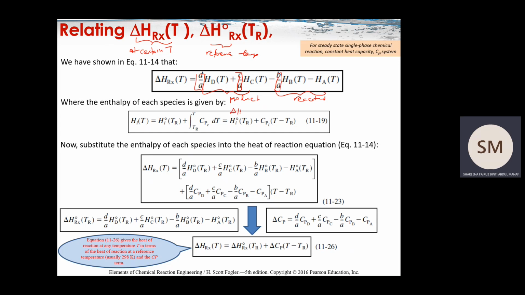So this is delta H Rx(Tr), and this one is delta H Rx(T). So delta H Rx(T) is equal to delta H Rx(Tr) plus delta Cp times (T minus Tr). This one is the same as this term. When you expand this one, it would represent this equation plus the Cp, the heat capacity, for this one. This is for the second one.